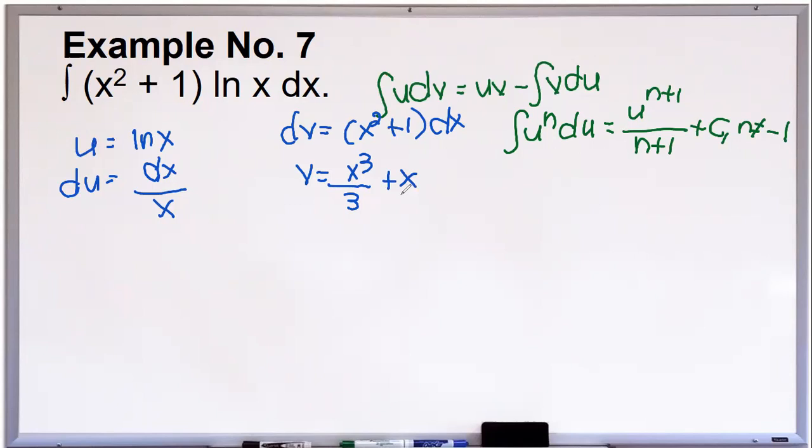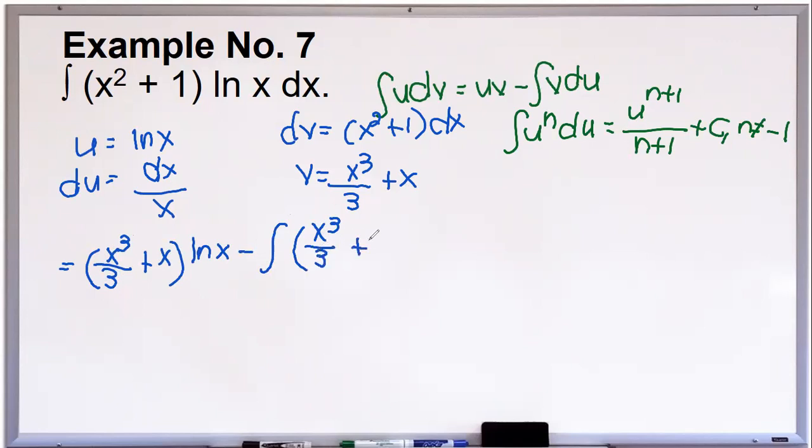Okay, so let's apply the formula. X cubed over 3 plus x, then ln of x, minus integral of x cubed over 3 plus x times dx over x.